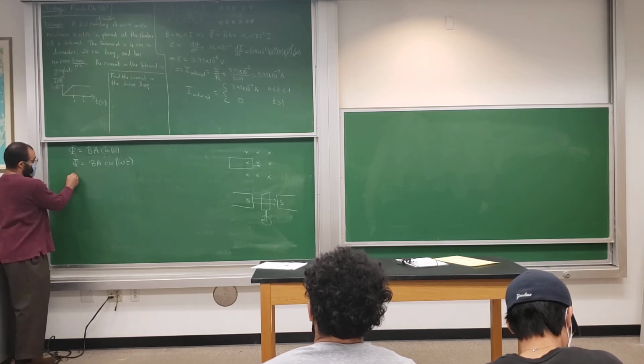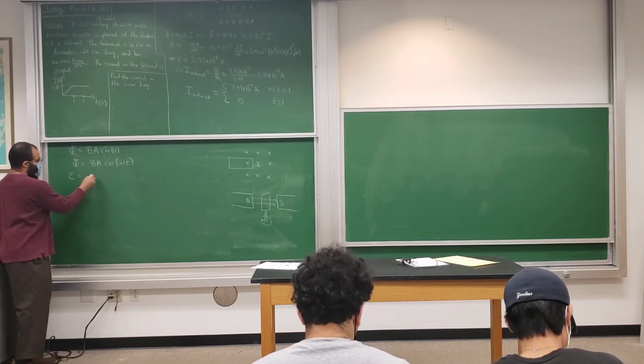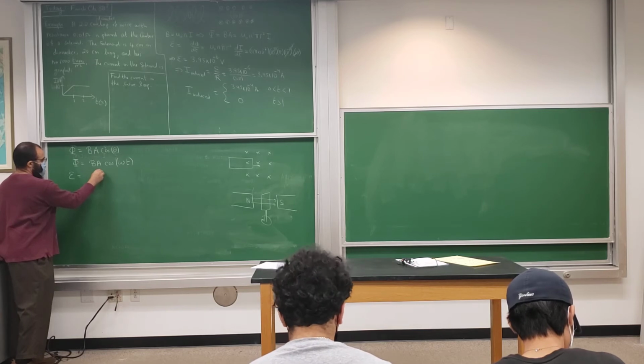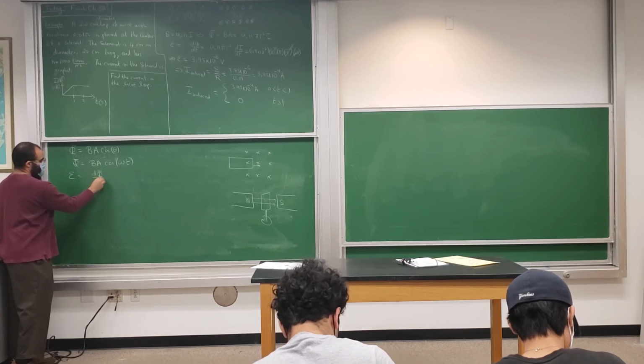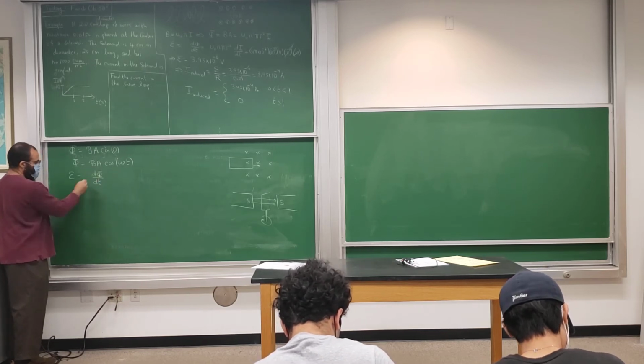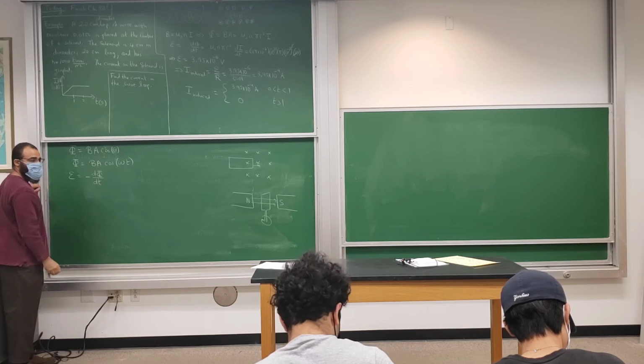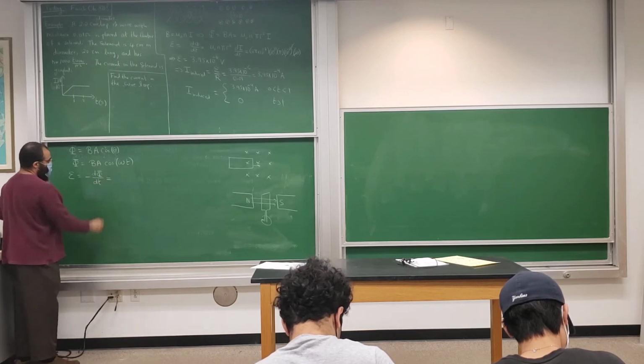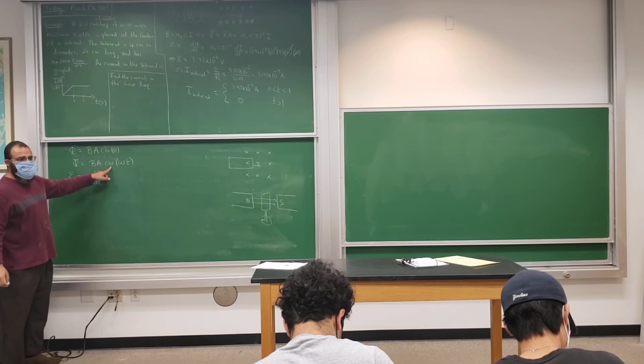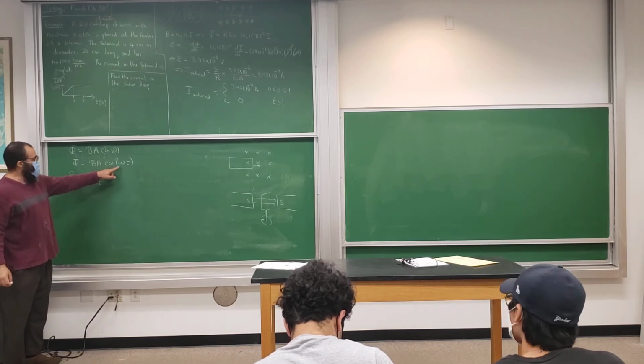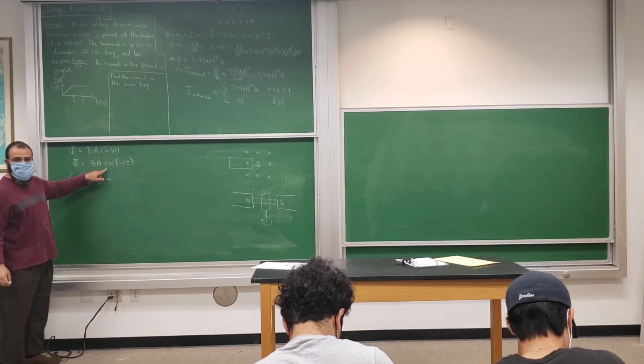Faraday's law would say then, d phi dt, the magnetic flux, or minus d phi dt if you want. The derivative of cosine is minus sine, and omega will come out from the chain rule.